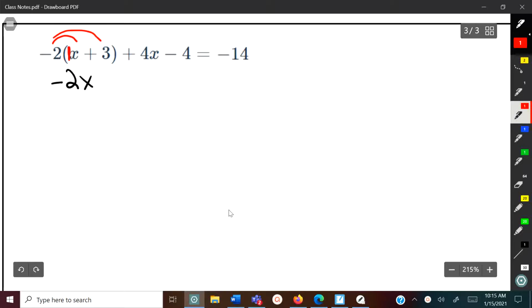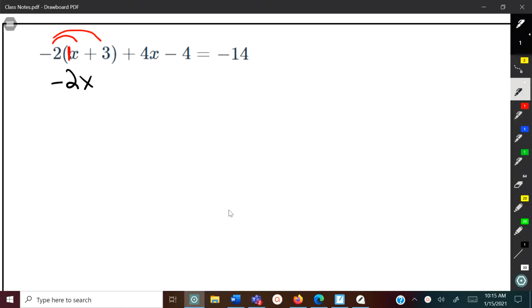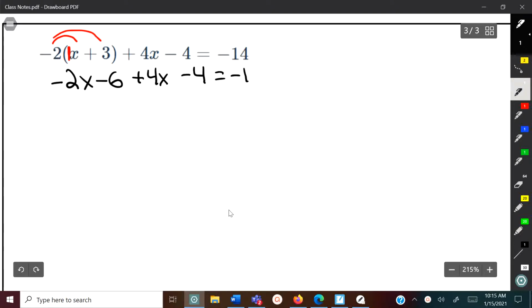So negative times a positive is negative. 2 times 1 is 2. Bring down the x. Negative times a positive is a negative. 2 times 3 is 6. Positive 4x minus 4 equals negative 14. Just bringing everything else down.